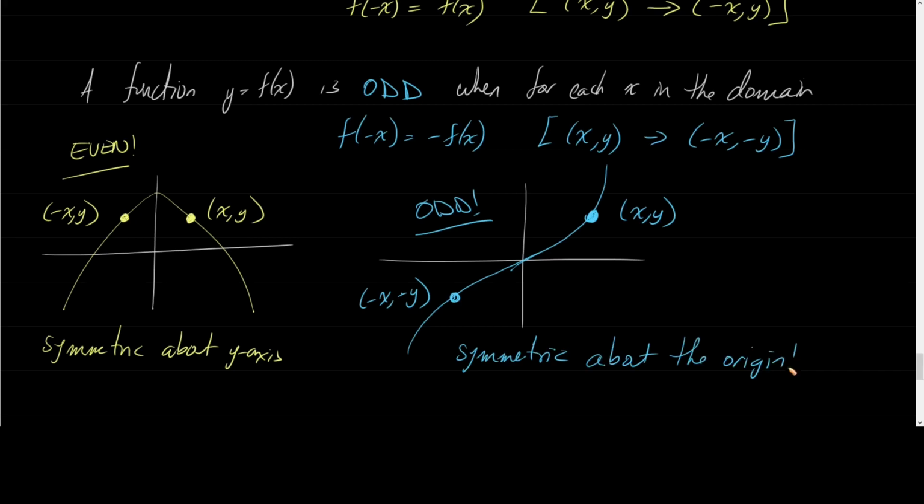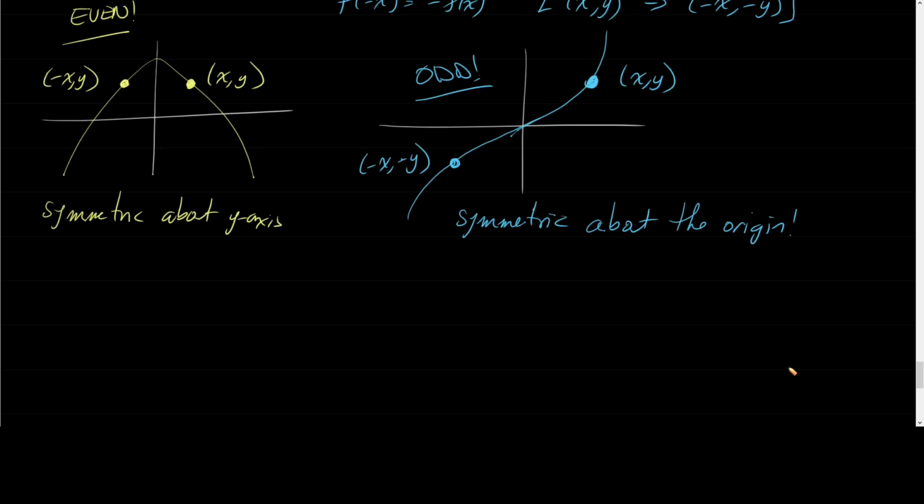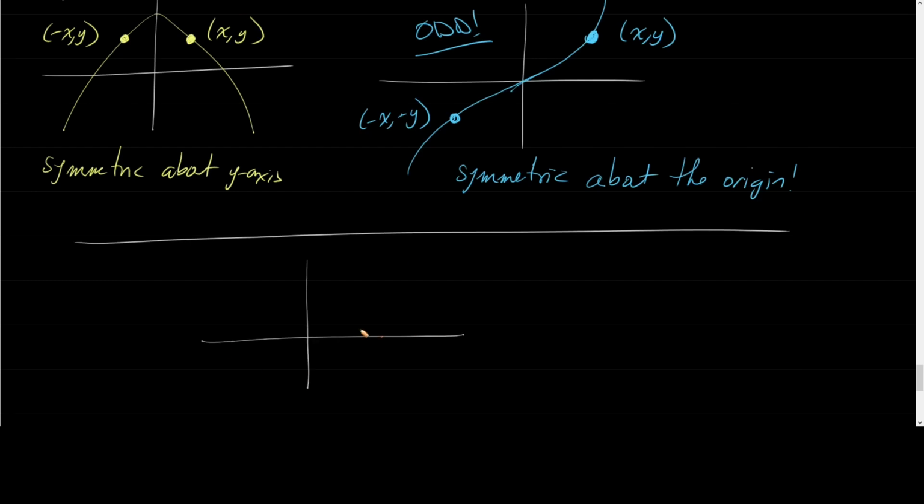Now, one thing I want to mention briefly. It is impossible for a function to be symmetric about the x-axis. I want you to think about why that would be. Let's draw something that would be symmetric about the x-axis.